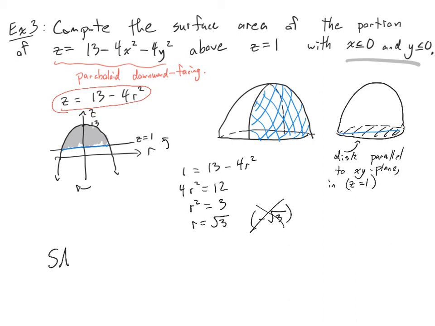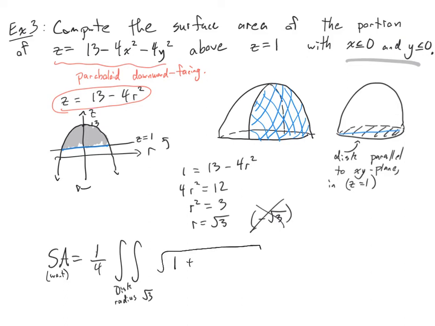So my final surface area is a quarter of what I would get for the surface area over the disk of radius square root of 3, of this function: the square root of 1 plus fx squared plus fy squared dA. fx and fy are both easy to compute.